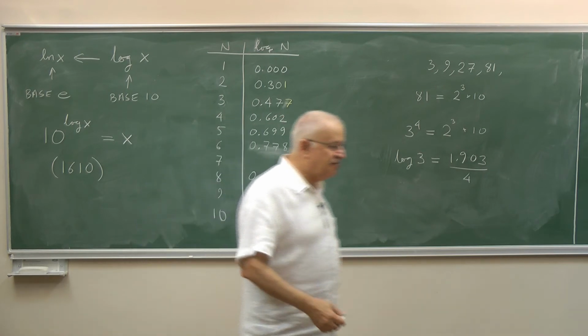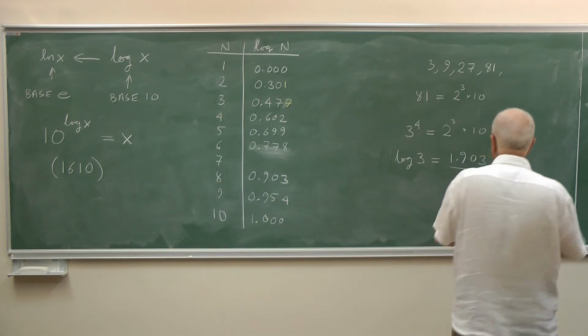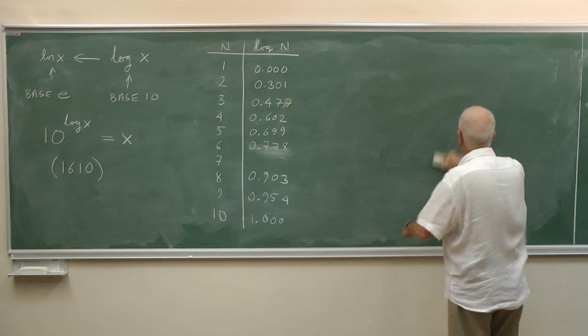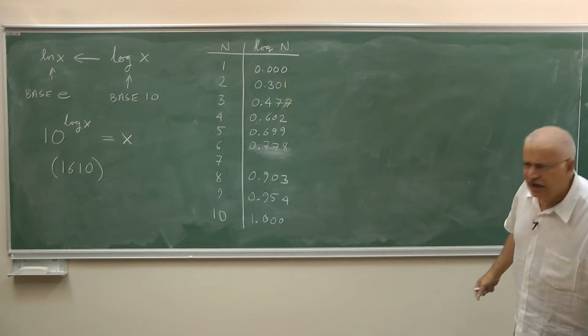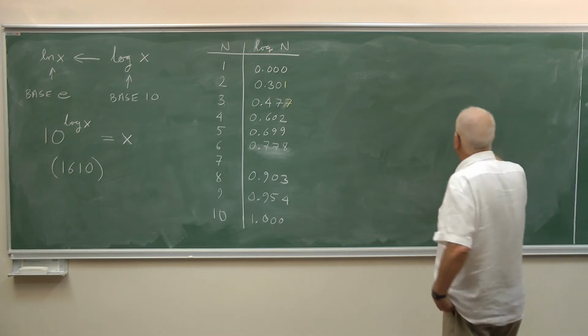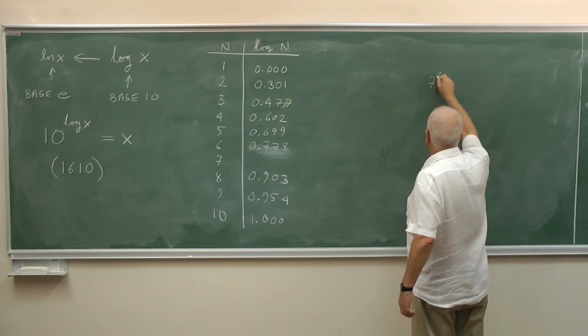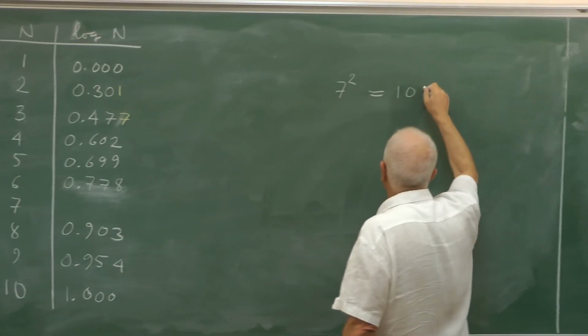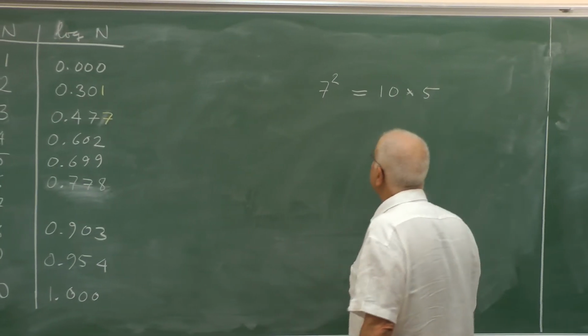Well, one thing that comes to mind is 7 times 7 is 49, which is basically 50. So 7 squared is 10 times 5.